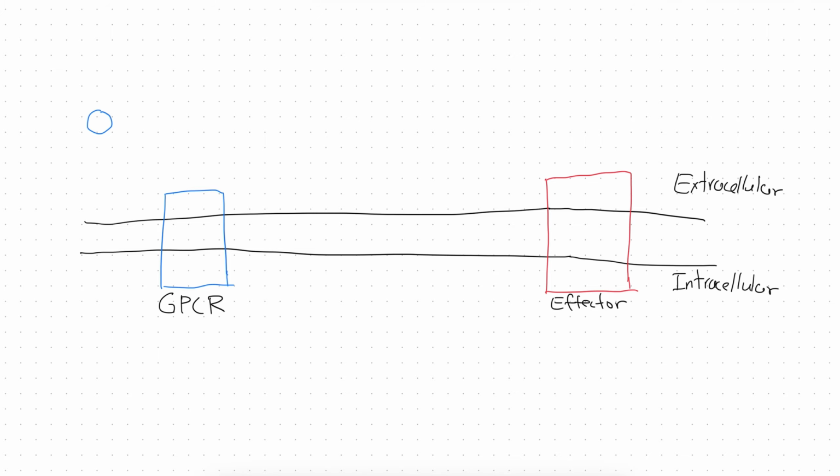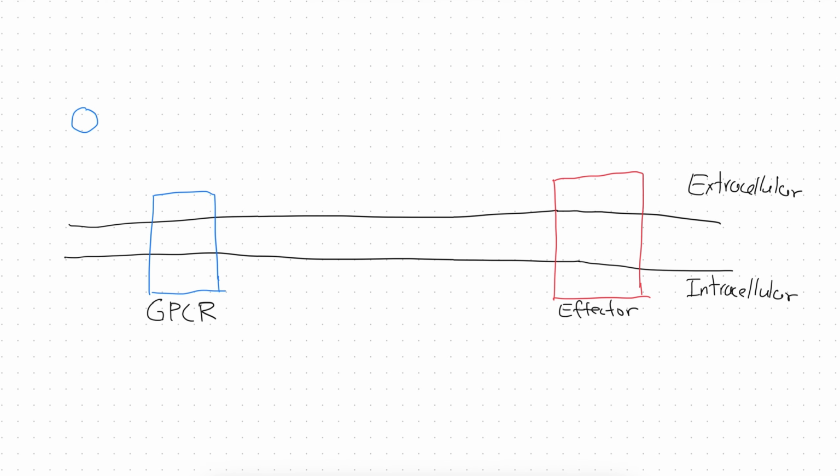So we have a G alpha subunit, and in a resting state, it's lipid anchored to the inner membrane, and this one is G alpha. And in its resting state, it is also bound to GDP. It's bound to GDP.